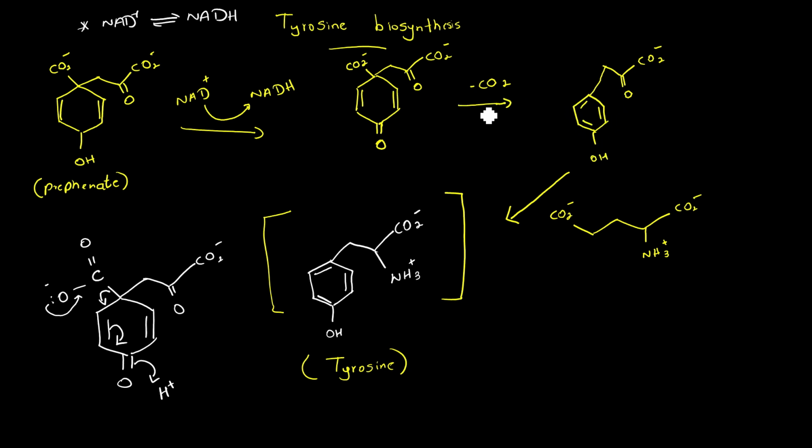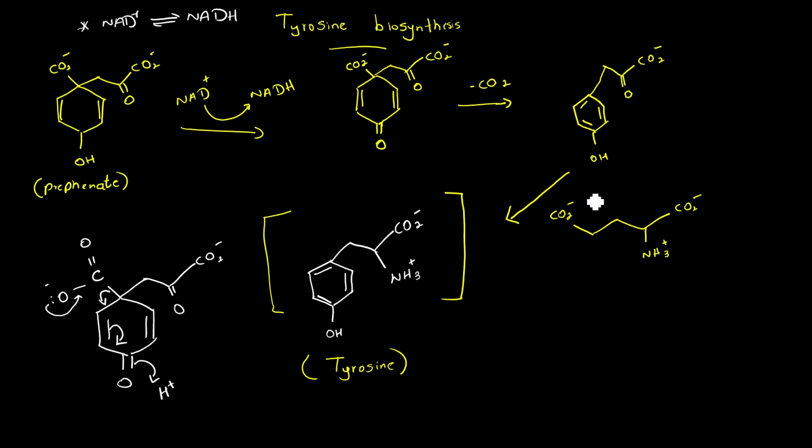So this step is really fast. The aromatic ring is very stable. If a molecule contains an aromatic ring, it means it's stable. This aromatic ring formation is a very stable process. Okay, so you can see now we have this particular molecule.